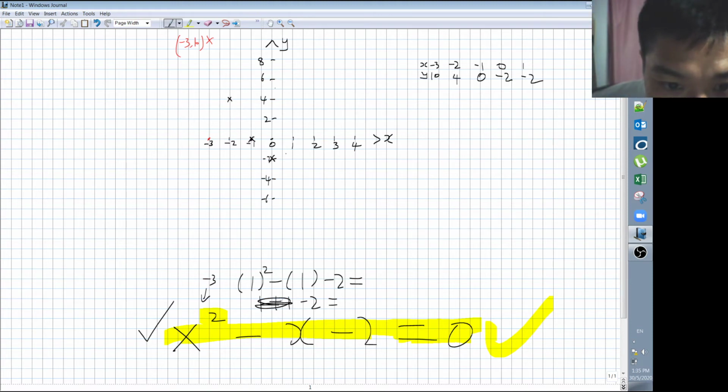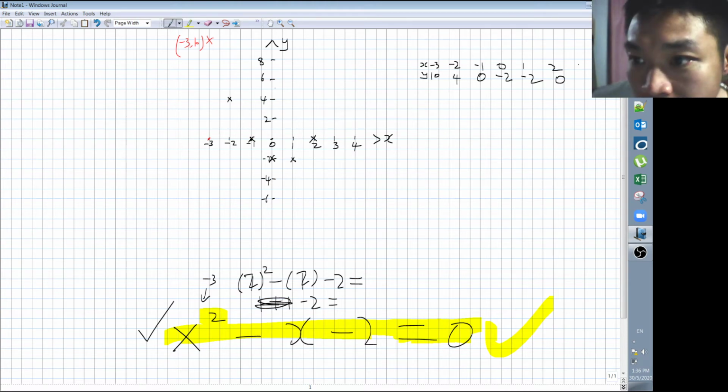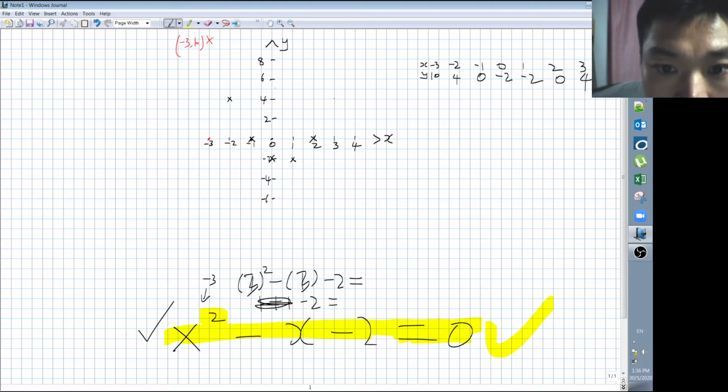Next, you sub in your 2, and you get 0. Then sub in your 3, so 9 minus 3 is 6, 6 minus 2 is 4, so you get 4. So 3 and 4, which is here.